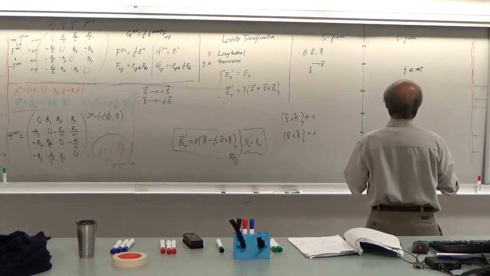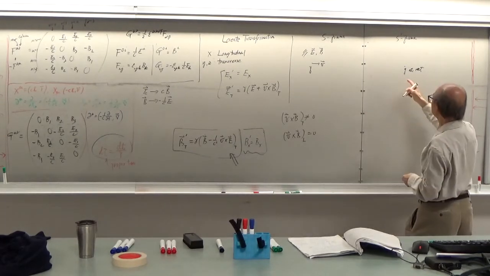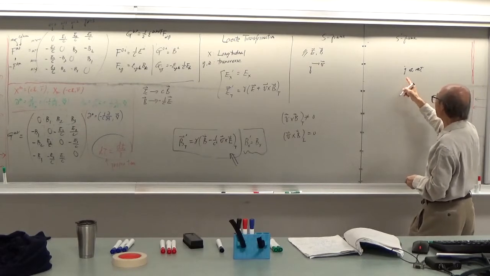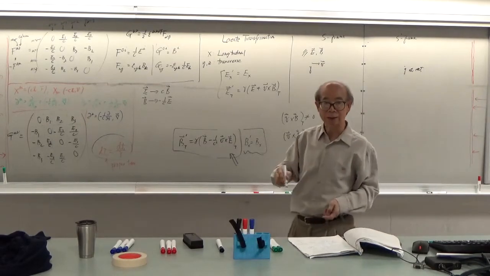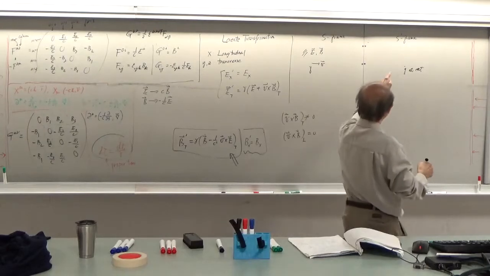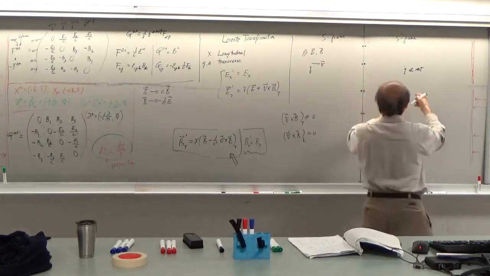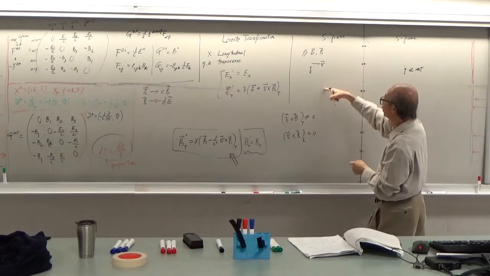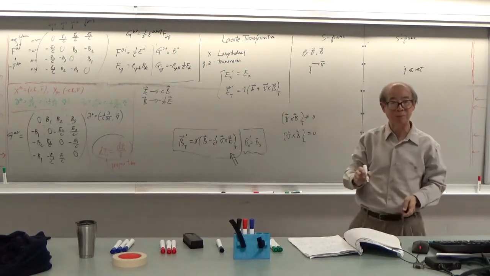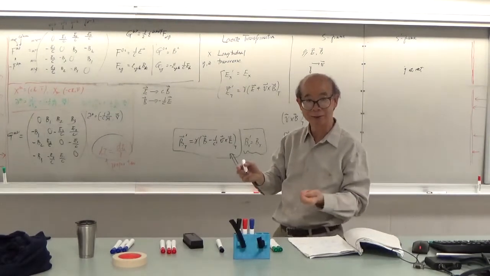Okay, let's see what kind of force would be exerted on the charge Q in the S prime frame, knowing that we'll make a Lorentz transformation to go back to the original unprimed frame. So this is the tactic.